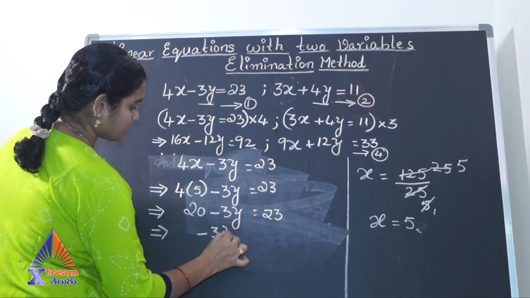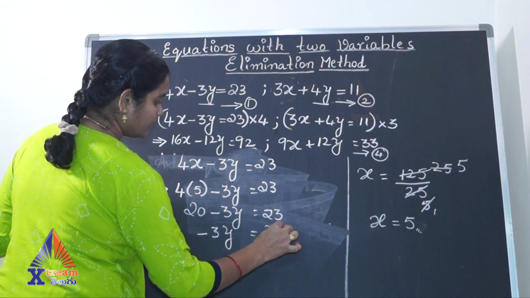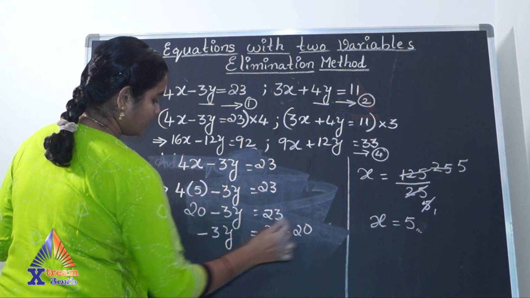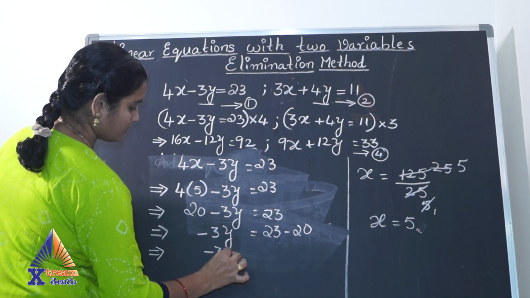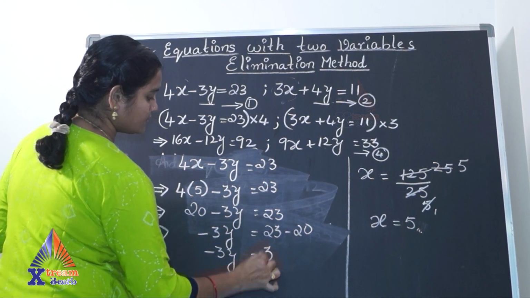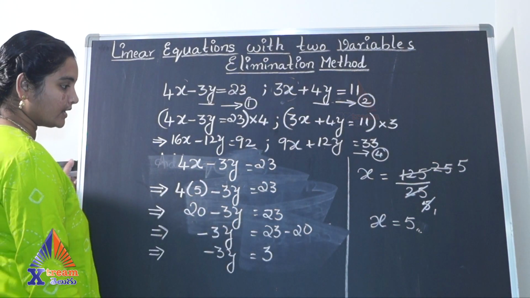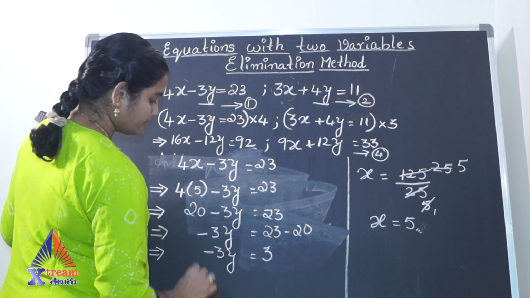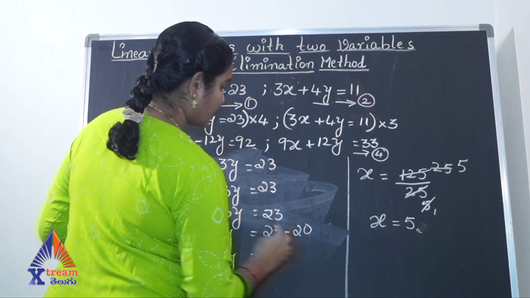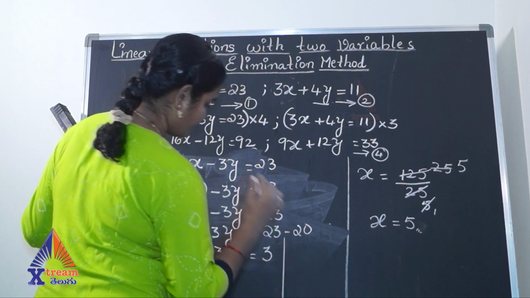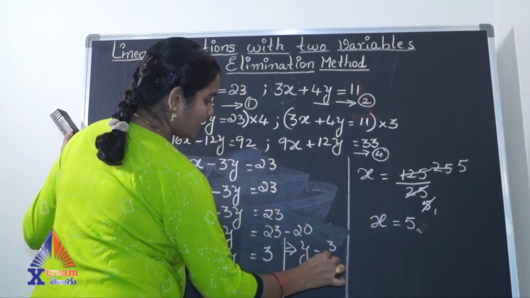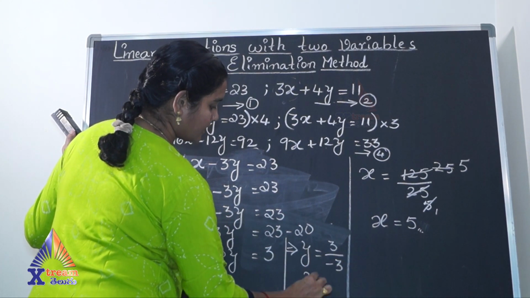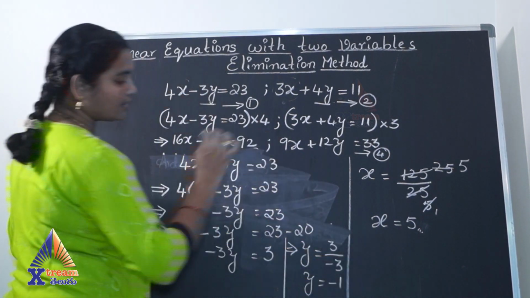So we have minus 3y here, 23 minus 20, which gives us 3. Okay. So y becomes 3 by minus 3, which becomes minus 1.